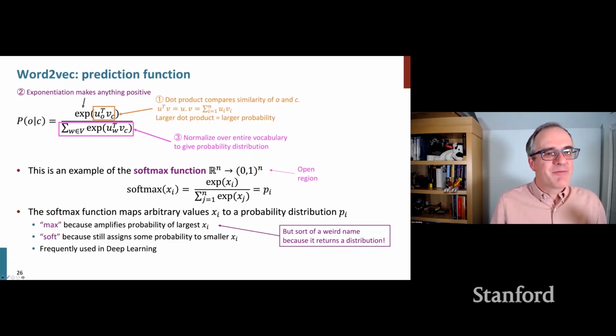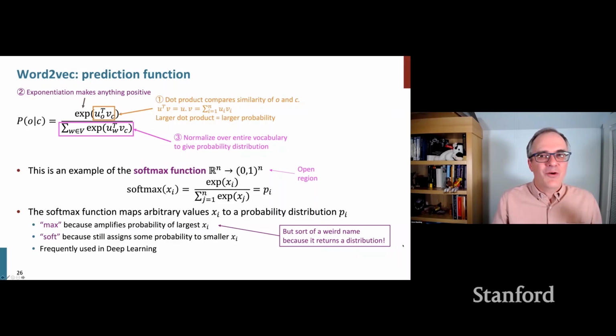So most of the probability goes to the most similar things. And it's called soft because it doesn't do that absolutely. It'll still give some probability to everything that's in the slightest bit similar. On the other hand, it's a slightly weird name because max normally takes a set of things and just returns the biggest of them, whereas the softmax is taking a set of numbers and scaling them, but returning the whole probability distribution.